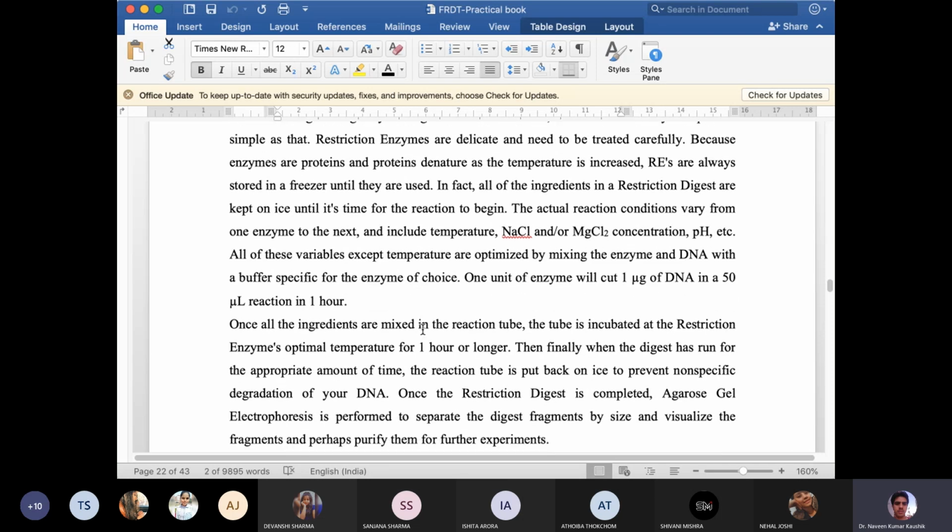As they are enzymes, we generally get them in the form of units. You may have been told the definition of a unit in your biochemistry class.